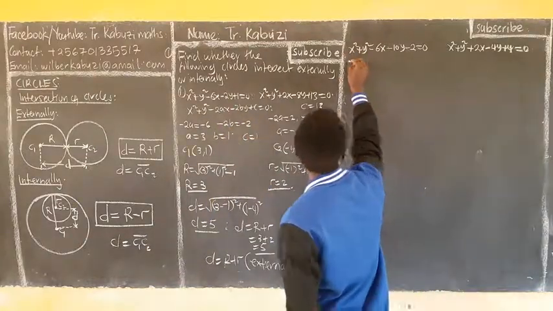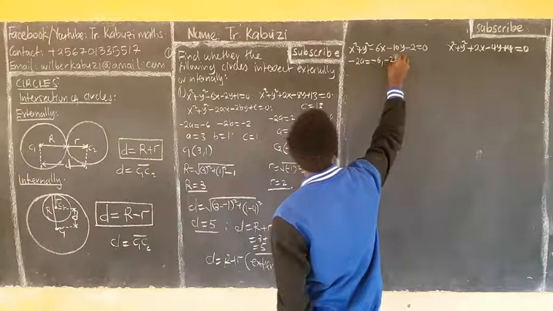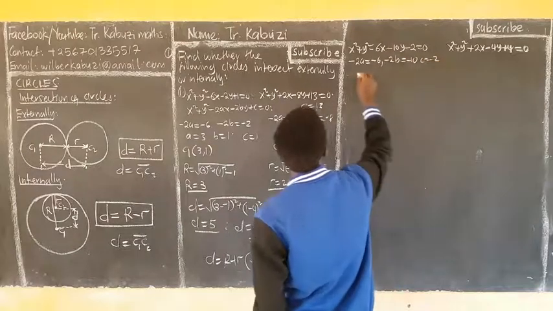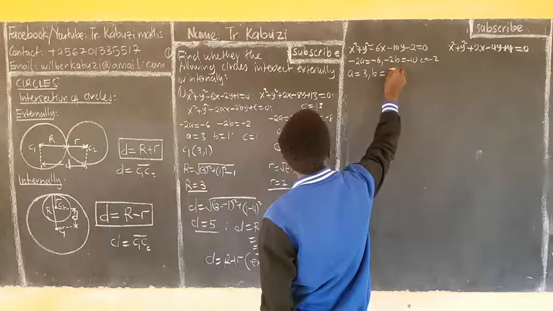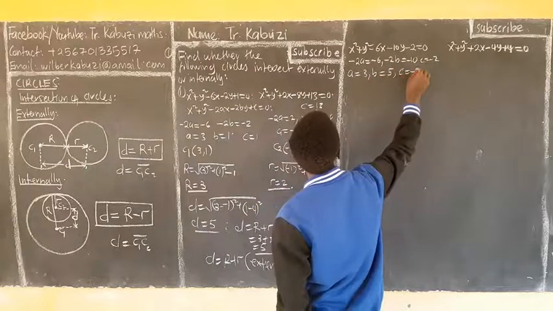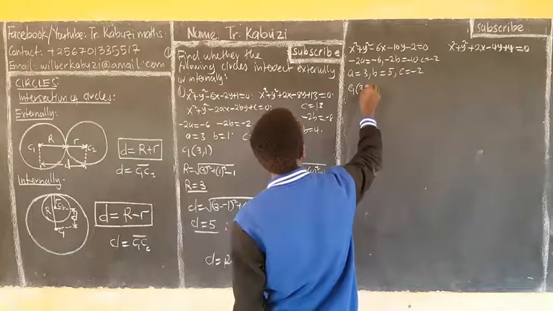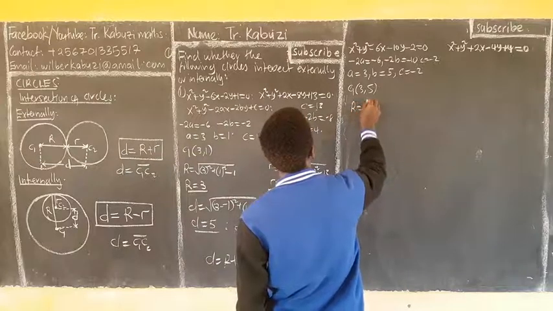When I come to this, still if I compare with the general equation of a circle, negative 2a is negative 6, negative 2b is negative 10. Here my a is 3, my b is 5, and you see that our c is negative 2. So our center 1 is 3, 5. Then our big radius, let us see how we get it.